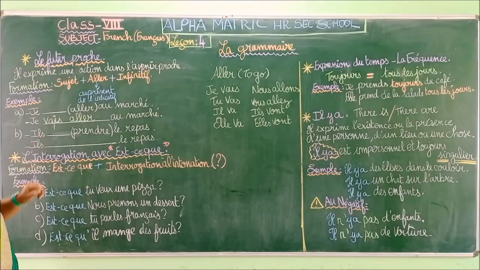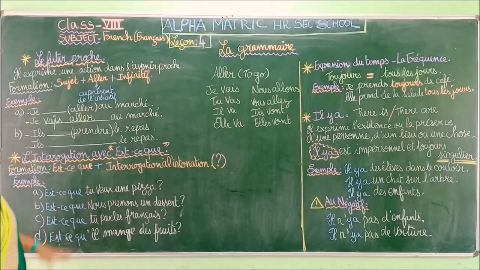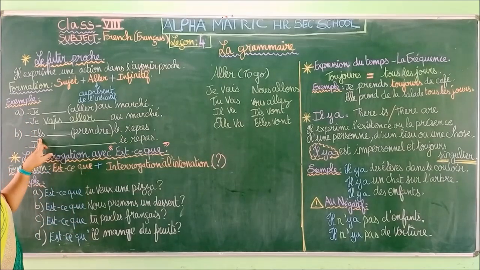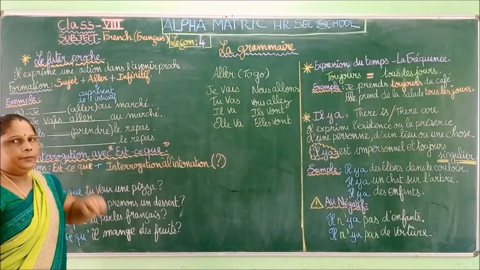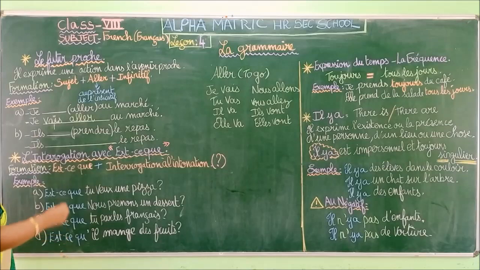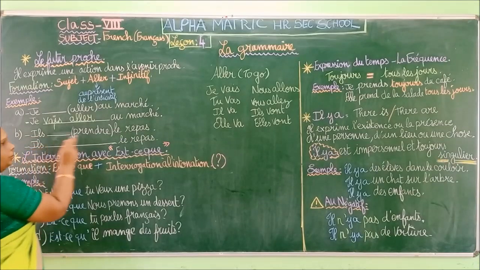Okay. So next one. Ils, prendre le repas. So ils means they. They take the meal. Meal means lunch or dinner or anything. So we are going to find the verb aller for ils: ils vont.